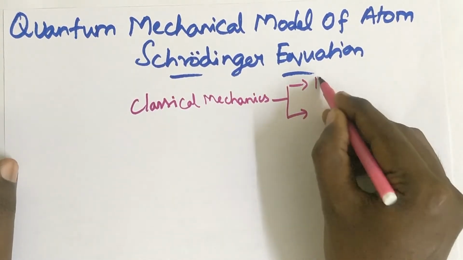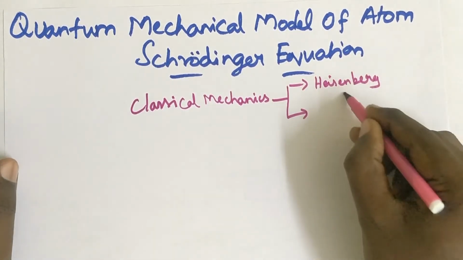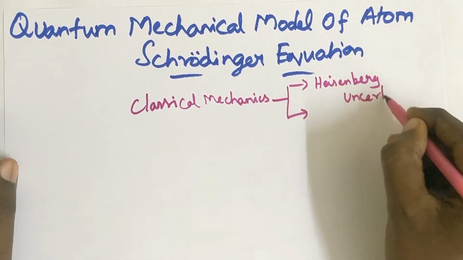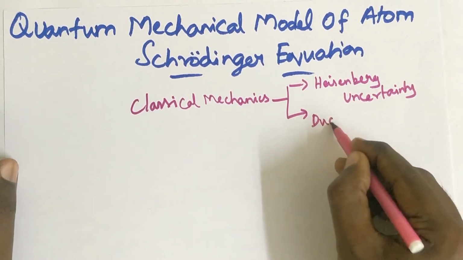One is the Heisenberg uncertainty principle and the other is the dual nature of electron. Classical mechanics fails to explain the Heisenberg uncertainty principle and the dual nature of electron.